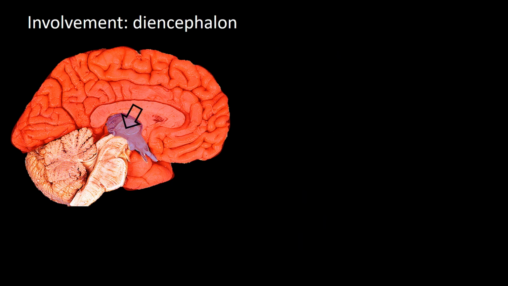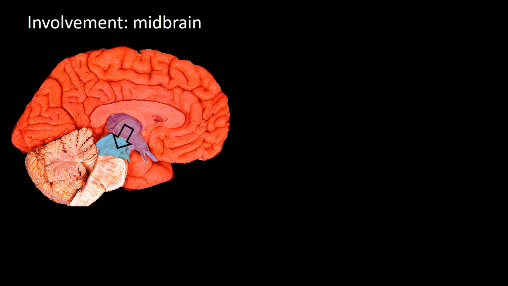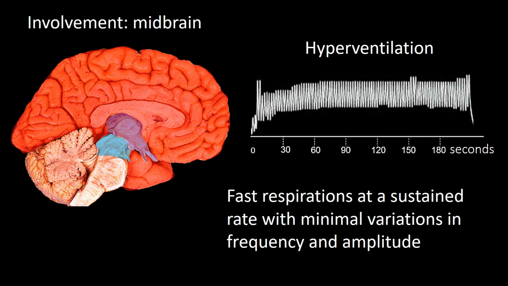Involvement of the diencephalon also causes Cheyne-Stokes breathing. Midbrain involvement produces hyperventilation. This respiratory pattern is characterized by fast respirations at a sustained rate with minimal variations in frequency and amplitude.